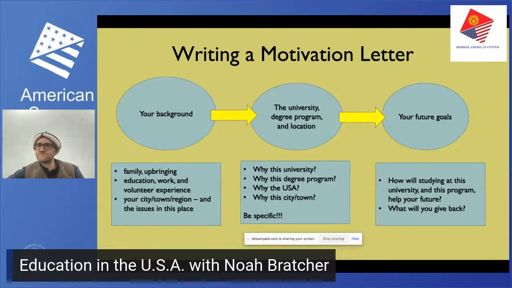For example, I'm here in Osh right now. I'm living in Osh. There's a big problem in Osh with waste management. There's a lot of garbage everywhere. There's not a good recycling system, something like this. So maybe you describe this. Everywhere I go, I see garbage everywhere. I see that we don't have a good way to manage this in my city, in my region.